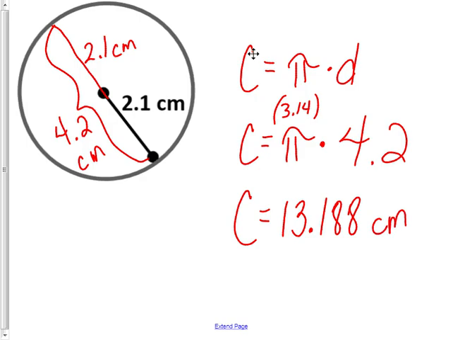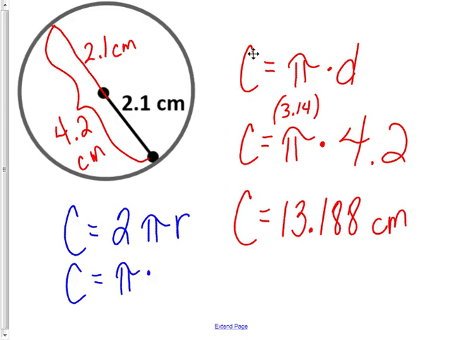Now, again, the thing you have to be careful about is making sure whether you're looking at the diameter or the radius of the circle, and making sure that you're using the correct one when you're using the formula. Another way you could look at the formula, you often see it 2 pi r, and that should make sense because that's really saying circumference is equal to pi times 2 times the radius.